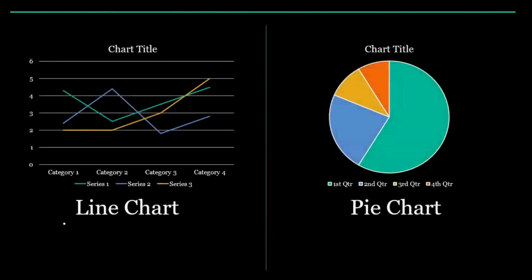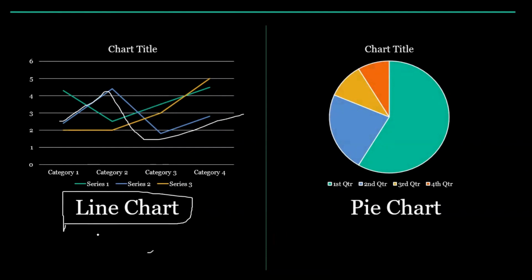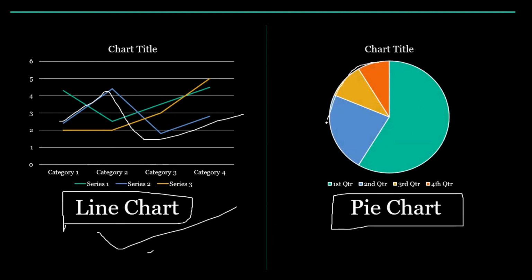Next, we have a line chart. In this, we have some lines like this over here. So this is basically a line chart. And we have a pie chart. It looks like a pie, and it is a chart, so it is named after a pie. It is a circle in which the parts are divided. You can say it seems like a pizza or a pie.